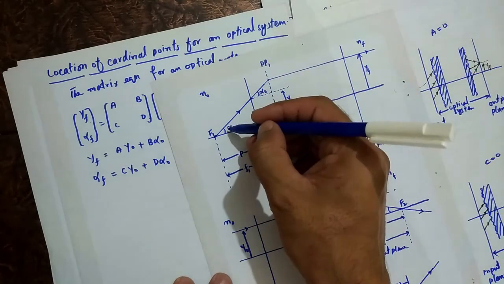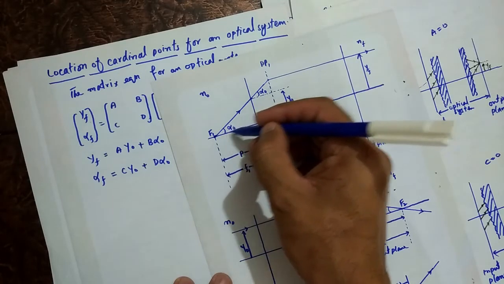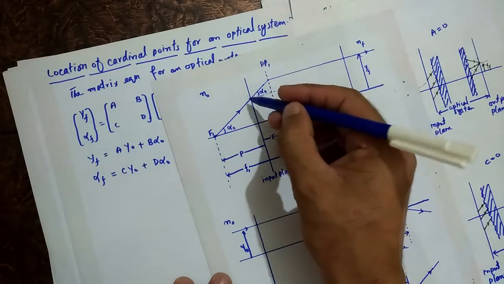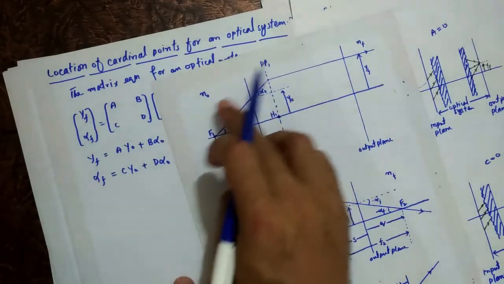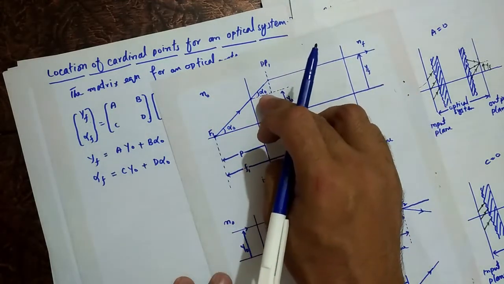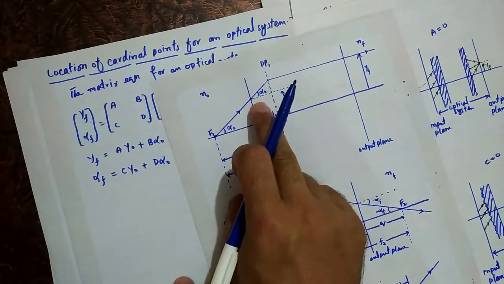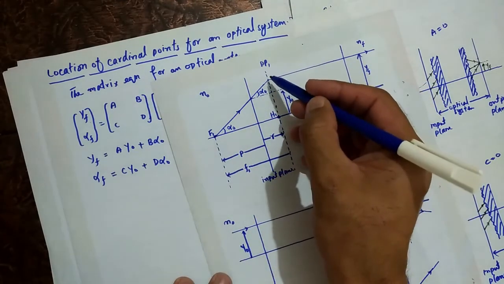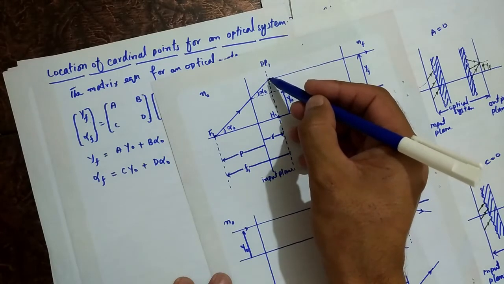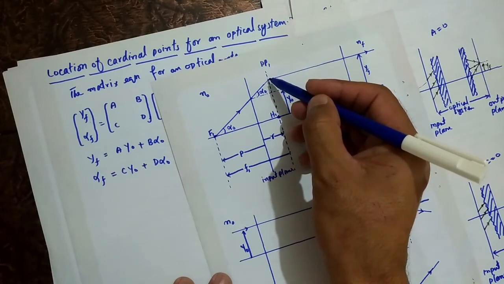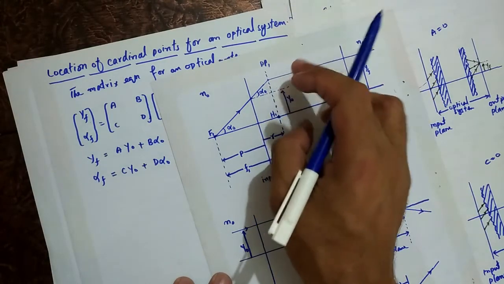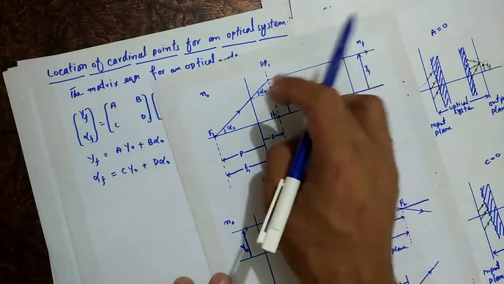The angle of the incident ray with the optical axis is alpha 0, and after entering the optical system, there is no change in the angle here. However, we know that the ray of light bends here, as we discussed in our lecture on the positions of the cardinal points. Clear?